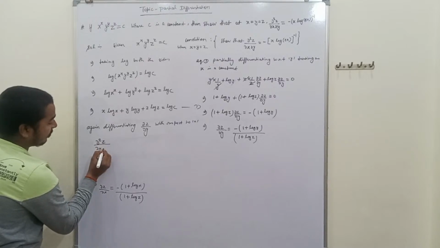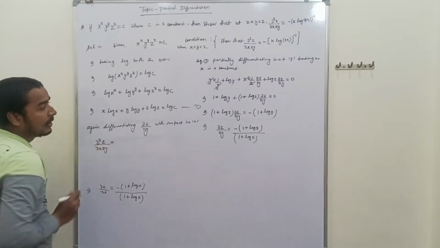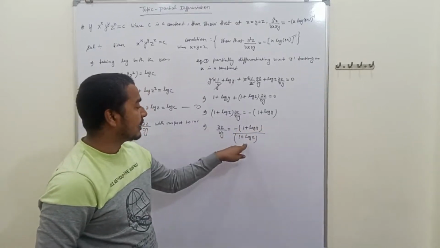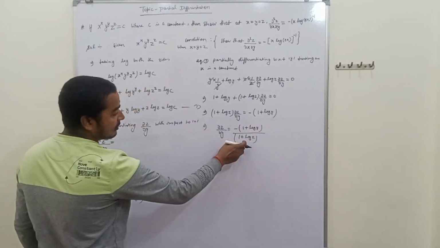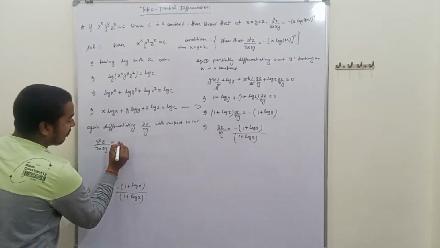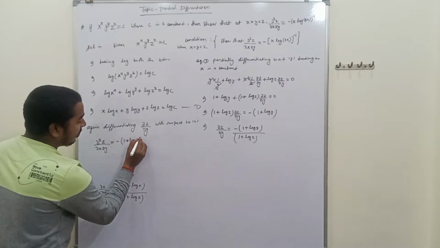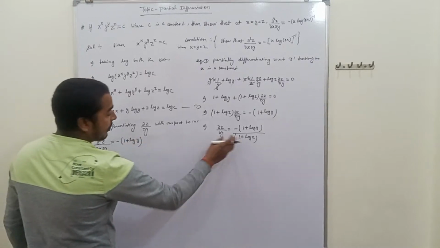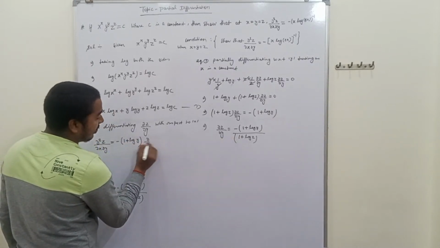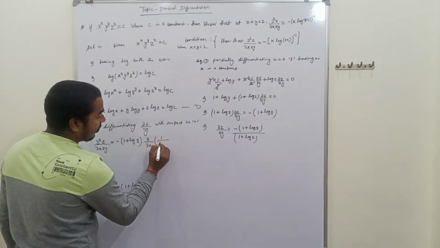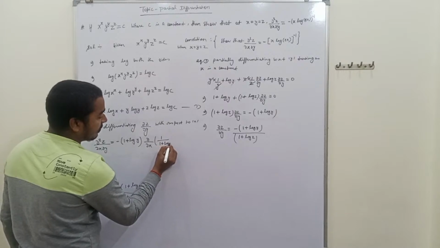upon del x del y is equal to, here y is taken constant because z is the function of x, so we have to differentiate 1 plus log z only. First we write minus of 1 plus log y is constant, and we have to differentiate del upon del x of 1 upon 1 plus log z.